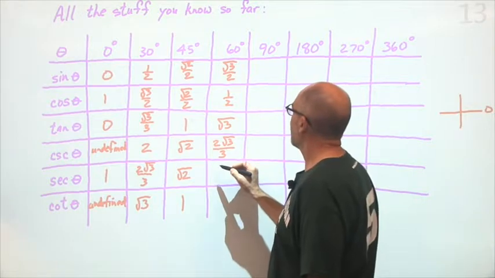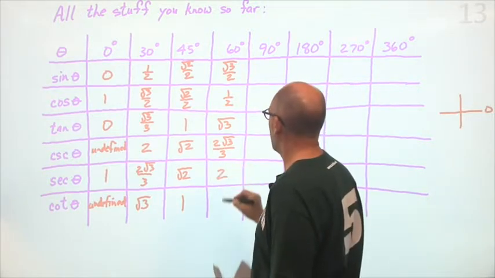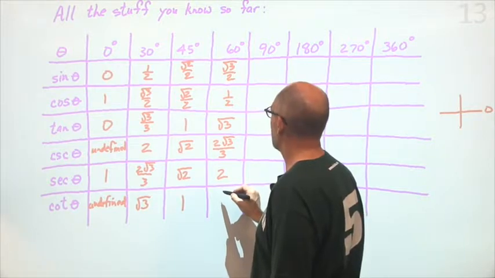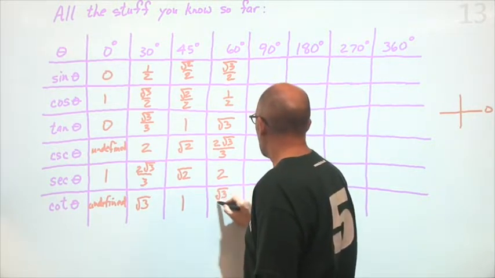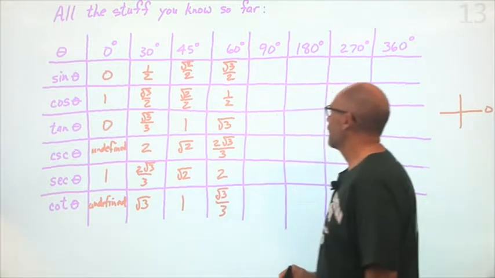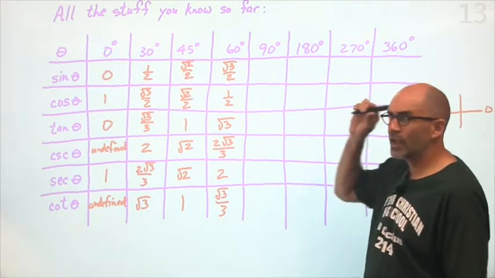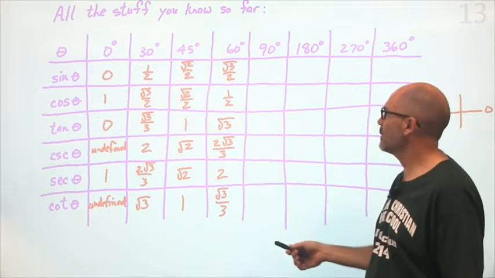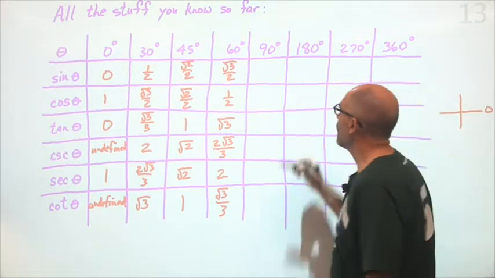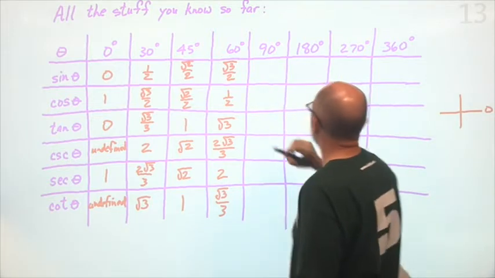Secant of 60 is 2, and cotangent of 60 is square root of 3 over 3. Notice when I'm doing this, I'm looking at the triangle in my mind, and that's what you want to be doing too. So now, 90 degrees.